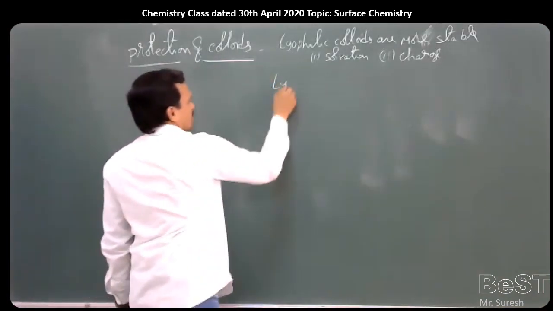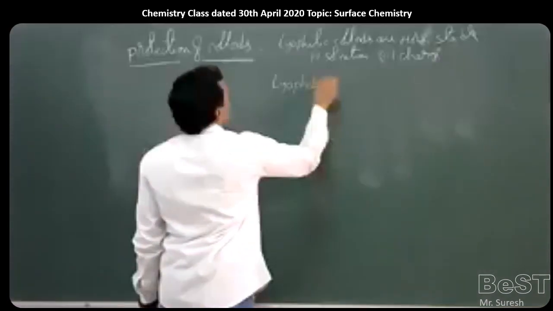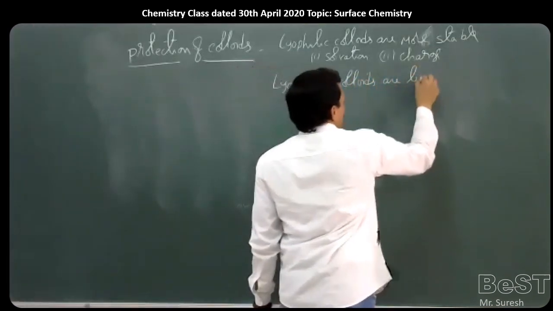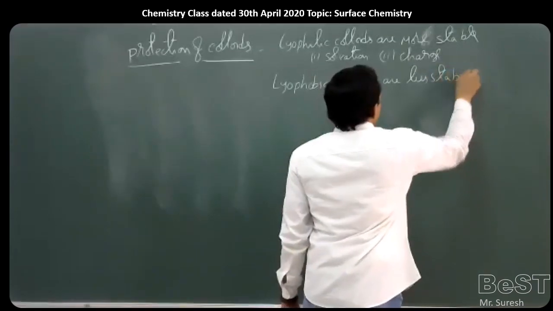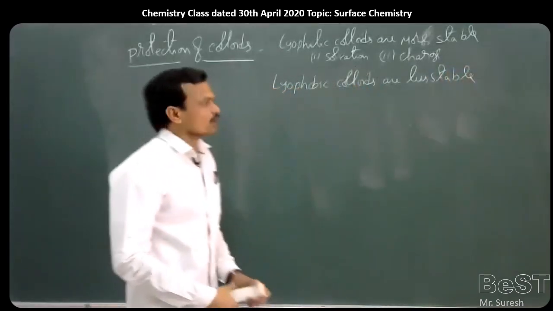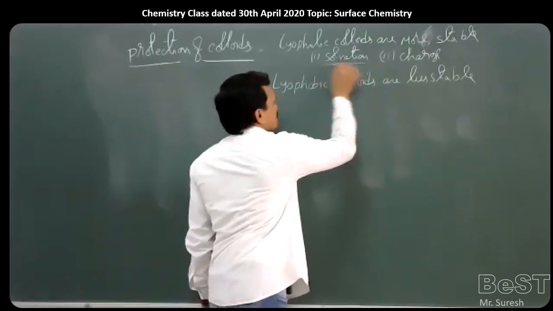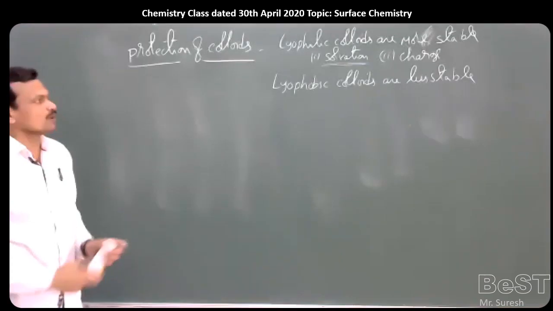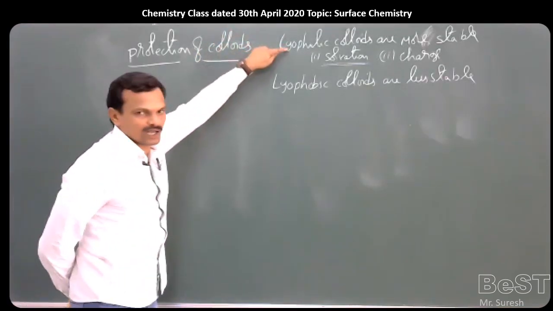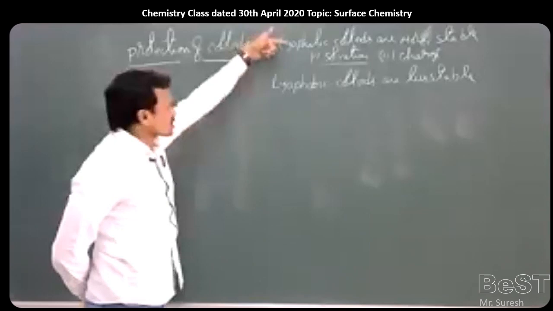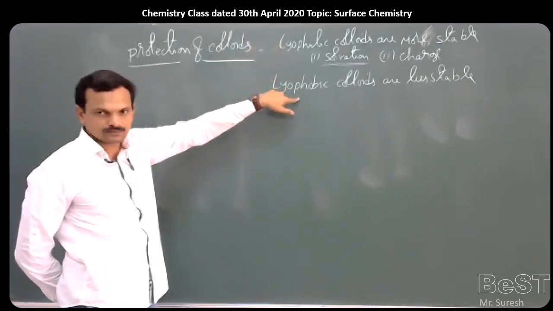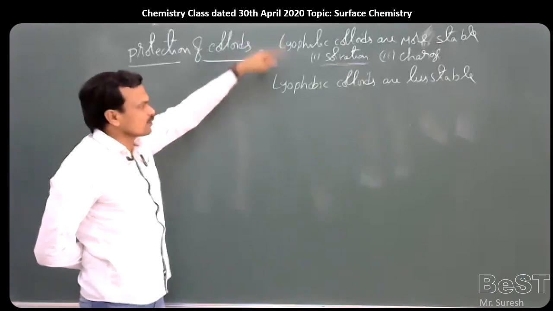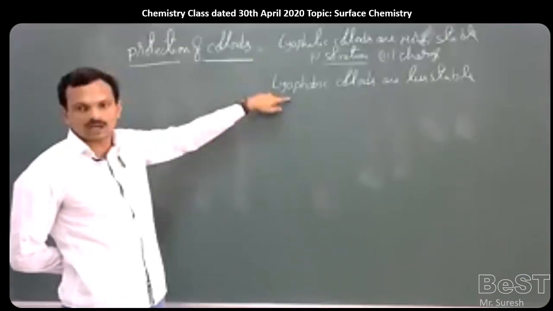Whereas, lyophobic colloids are less stable. The main reason for the lower stability of lyophobic colloids is that there is almost negligible solvation effect. And one more thing: lyophilic colloids have the ability to stabilize lyophobic colloids.